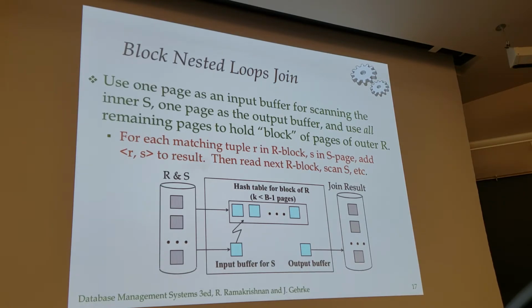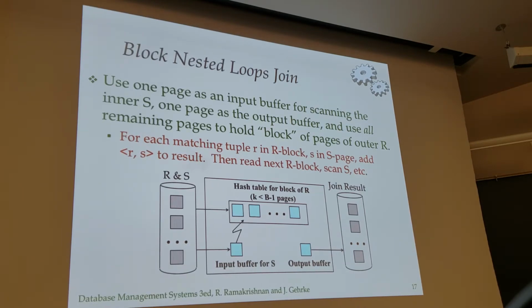What we're gonna go ahead and do is we've got this thing with a block of S that's in there. And we'll find all the matches using the hash table. We have a hash function, a good hash function, that uses all these blocks and spreads all the R values through.